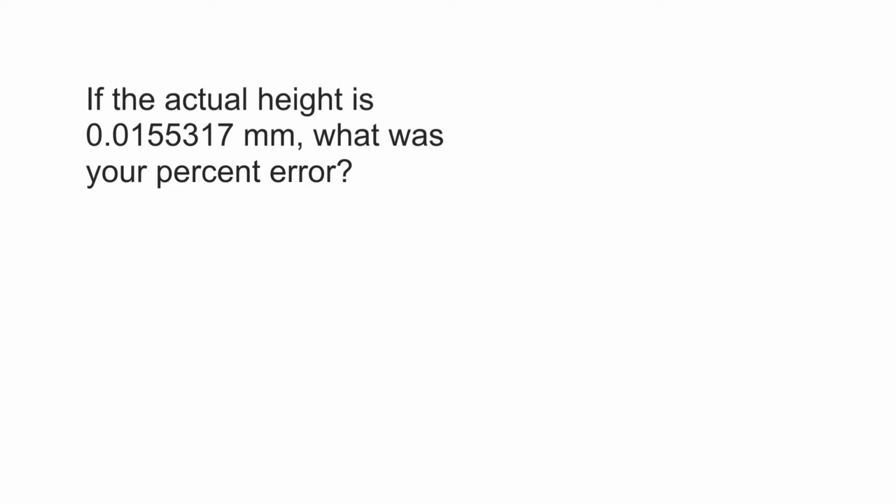So this next question says, if the actual height was 0.155317 millimeters, what was your percent error? Working from my last answer of 0.1 centimeters, I know that for every 1 centimeter, there are 10 millimeters.